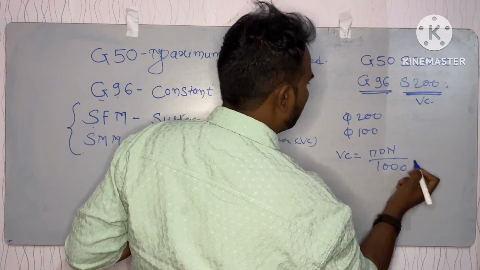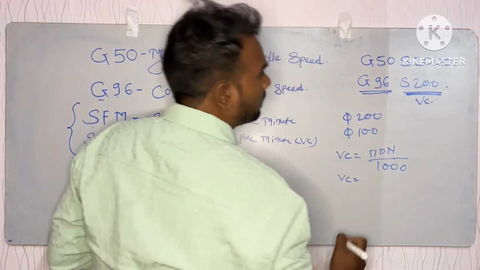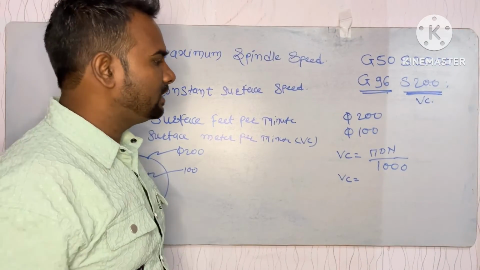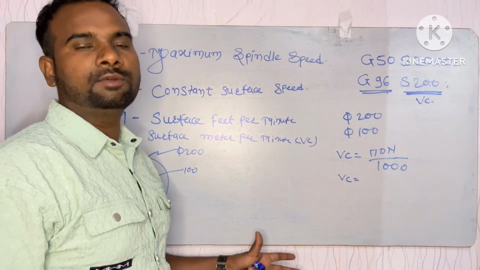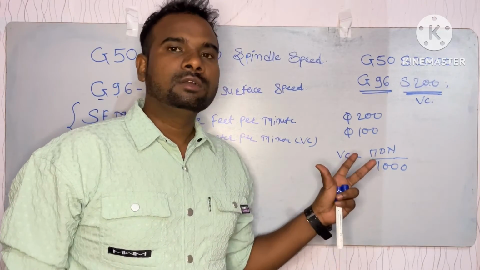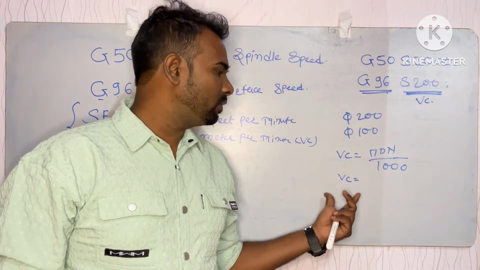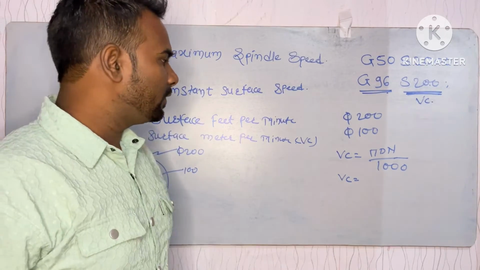Now input these values in the formula. In our first video I explained the meaning of VC, AP, AE, and effective quarter diameter. If you have not watched that video, please watch it first, then your concept will be clear. So let's come to the point.